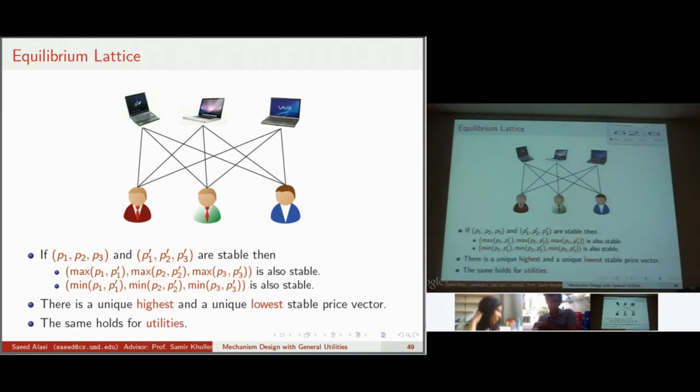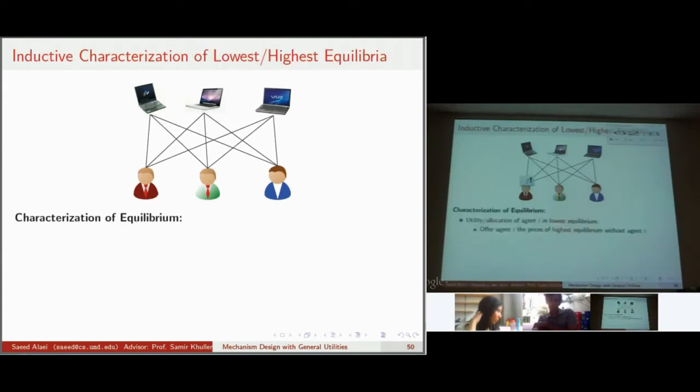The same thing holds for utilities, because you can define a stable utility vector if there is a set of prices that induces that utility vector, and so on.